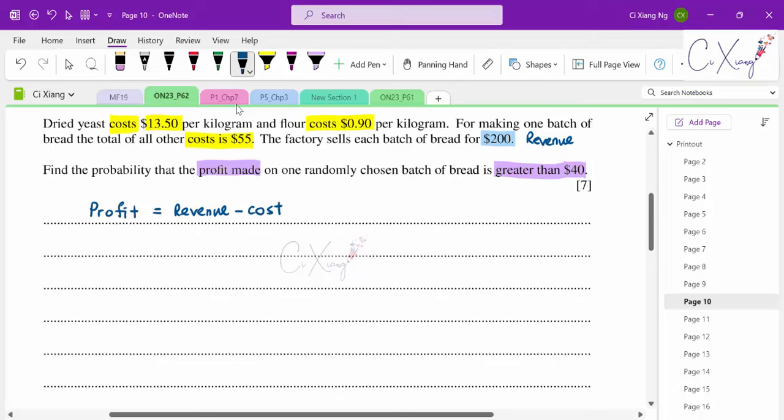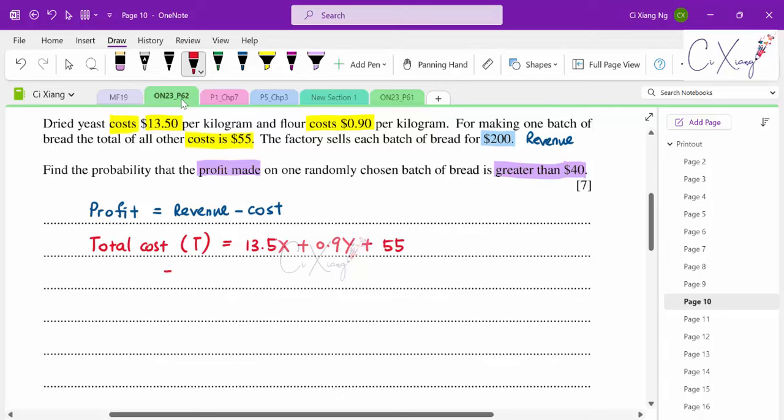Okay, so first of all, I try to set up the total cost formula first. So what is my total cost formula? My total cost, I put it as T. So T can be written as what? It is equal to 13.5x, then plus 0.9y, then plus 55. This is the total cost for one batch of bread.